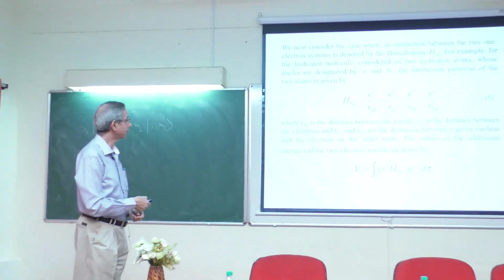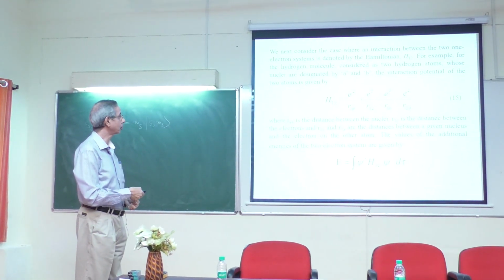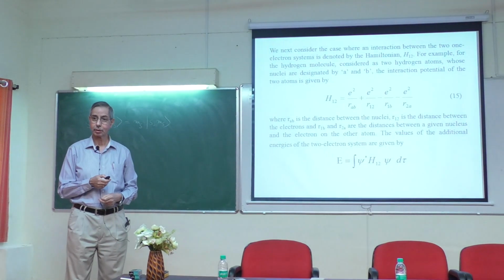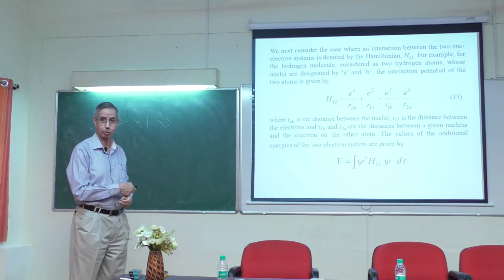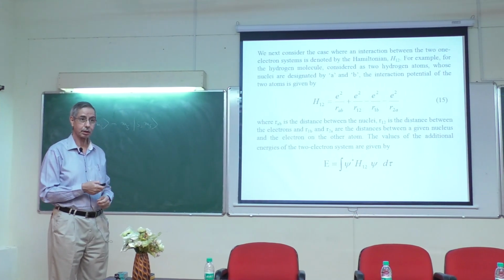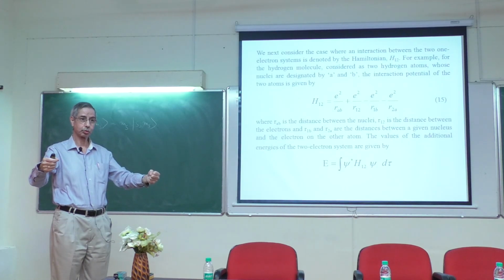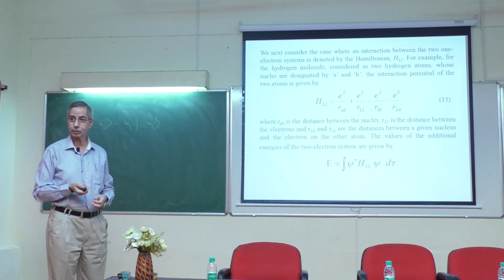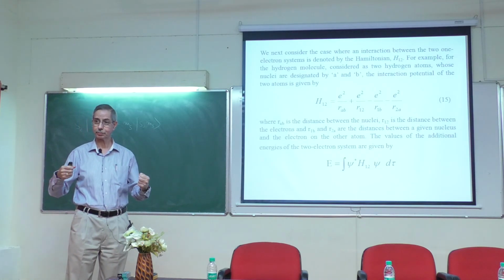So this term is basically the Coulomb term between the two nuclei. RAB is the distance between the two nuclei, A and B. R12 is the distance between the two electrons.